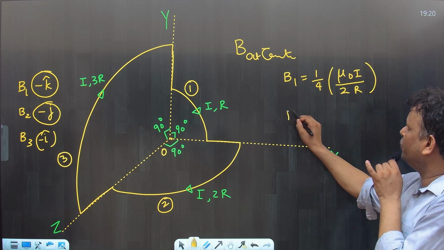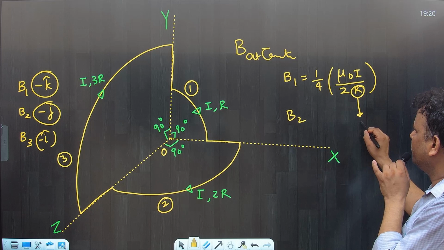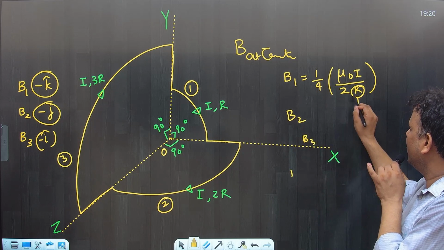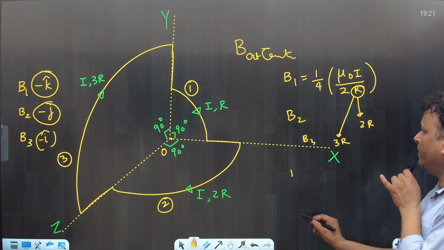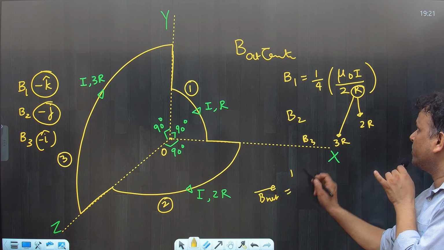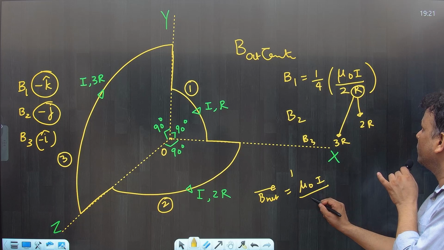And for B2, in place of R you will write 2R. And for B3, you will write 3R in place of R. So your answer will be B net vector, you will just take common mu naught I by 4R.